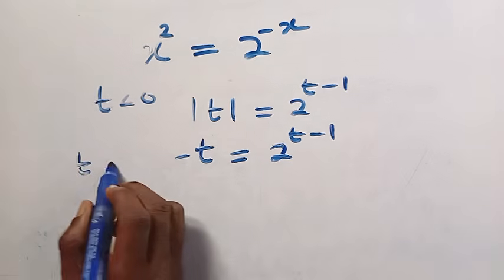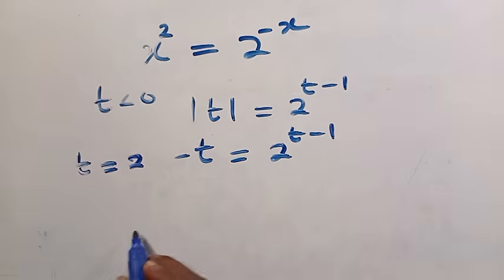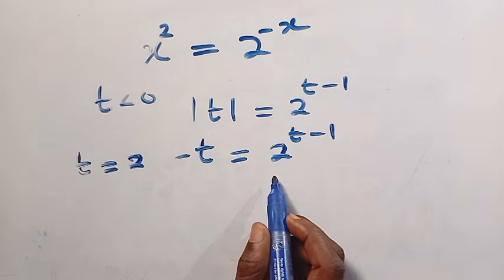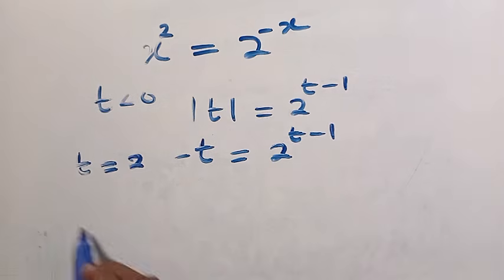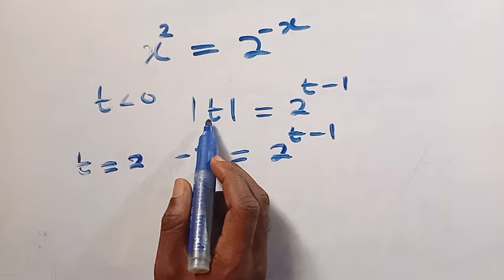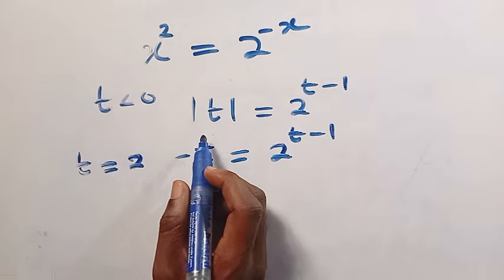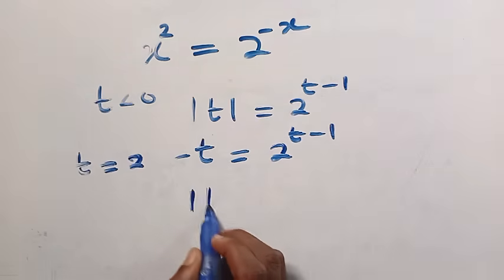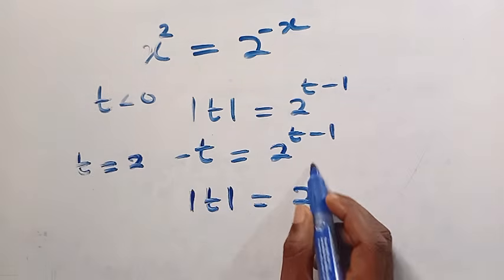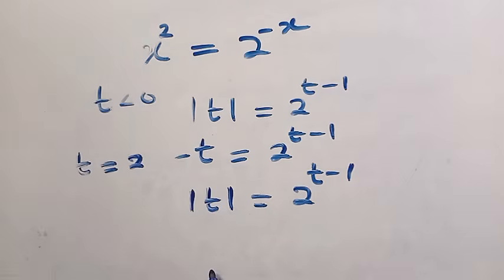So I can only still check for when t equals 2. I'm going to go back to where we have the positive value of the absolute, so that we have absolute of t equals 2 raised to power of t minus 1. Then we have 2 equals 2 raised to power of 2 minus 1, and 2 equals 2.